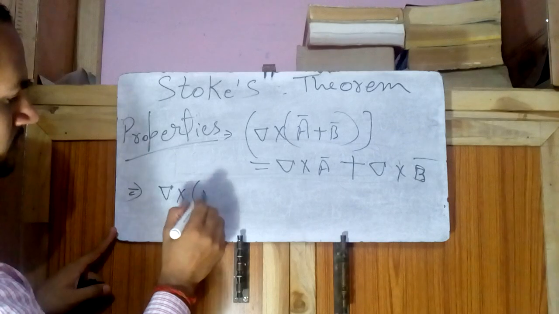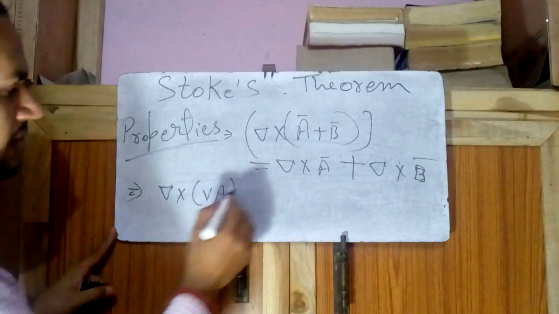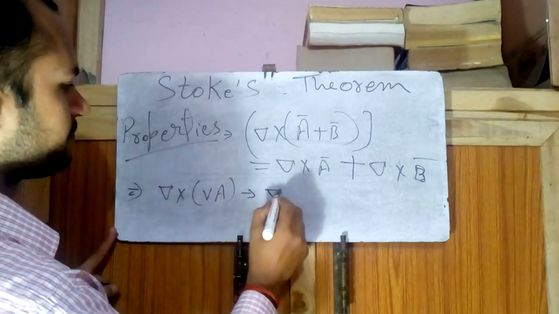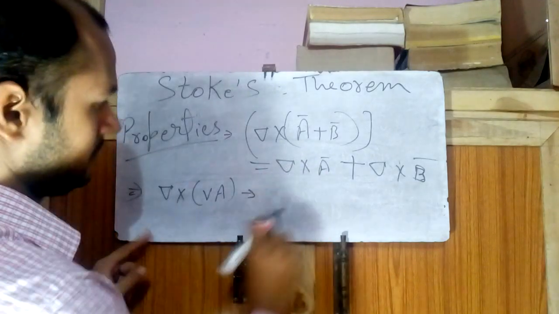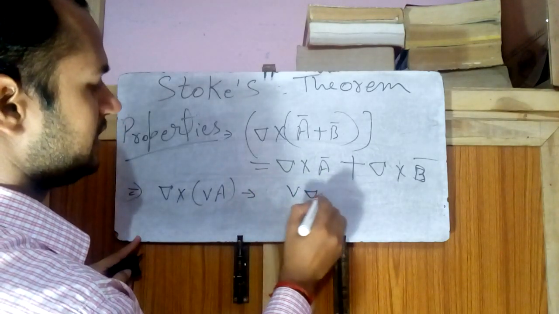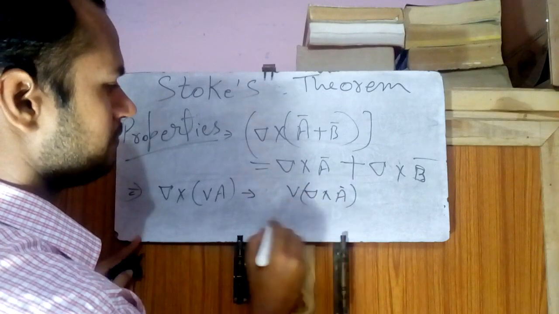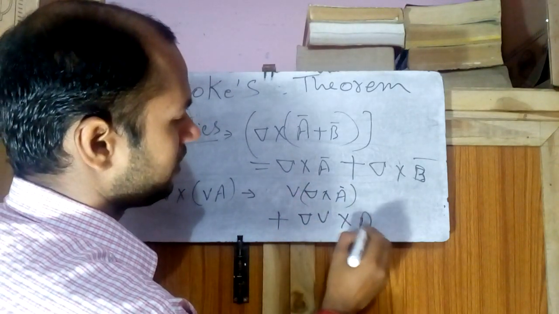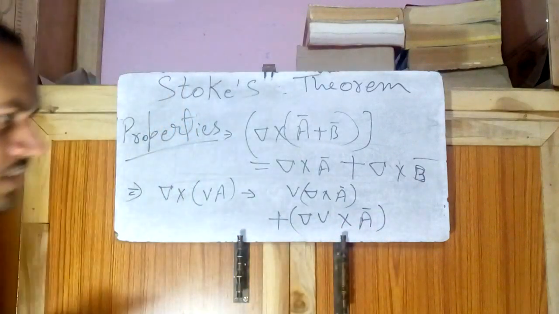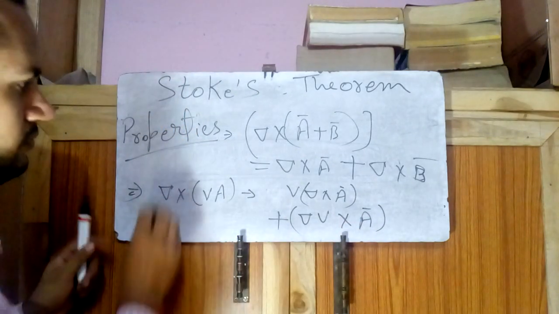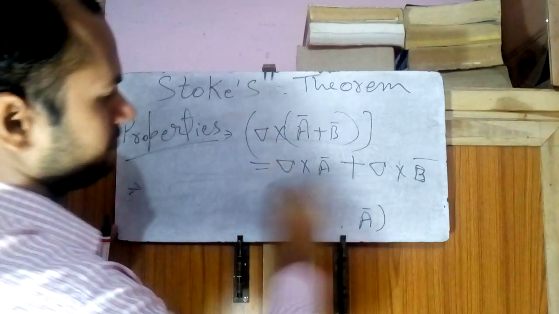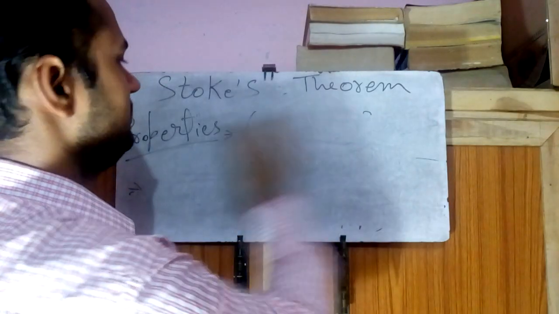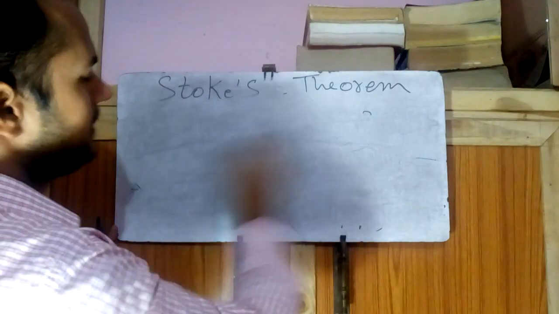And del cross (V A), V is a scalar, A is a vector, then V del cross A plus del V cross A, right? So you can use these properties anywhere.